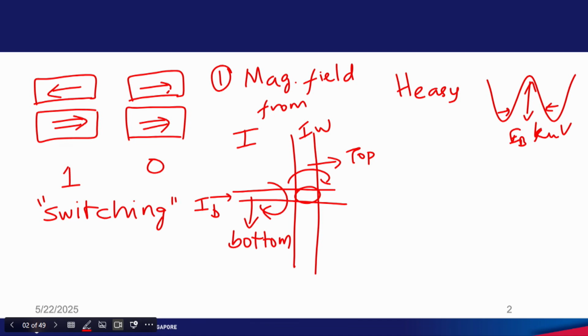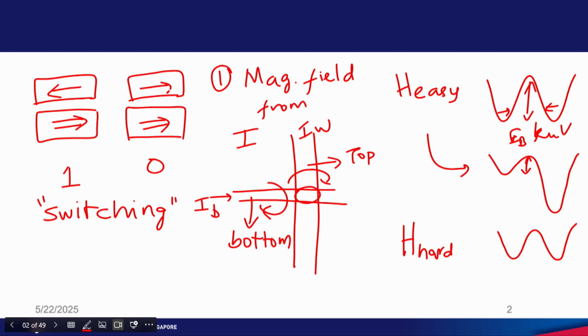When you apply a magnetic field in the easy direction, it changes the energy landscape a bit. So the energy barrier is reduced now. When you apply a magnetic field in the hard direction, the hard direction magnetic field also reduces the height of the energy barrier, which is smaller now.